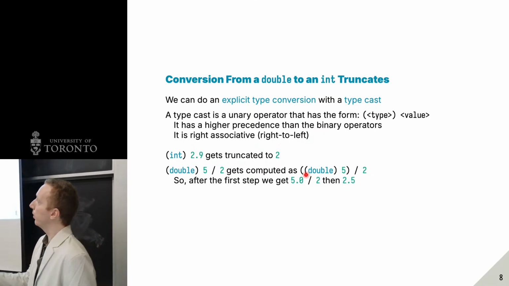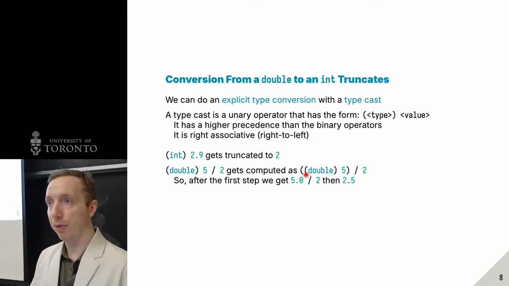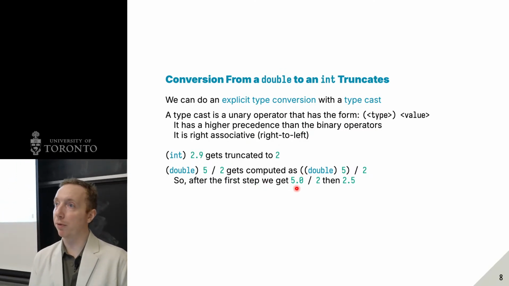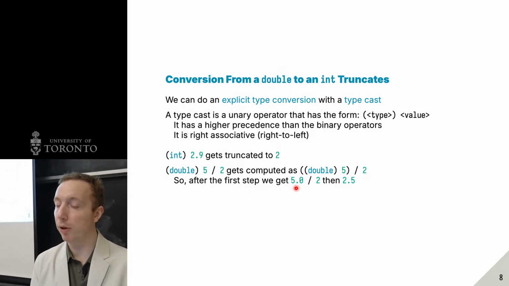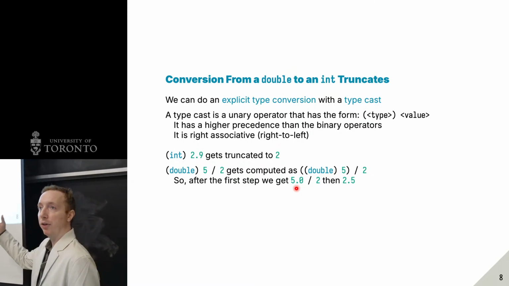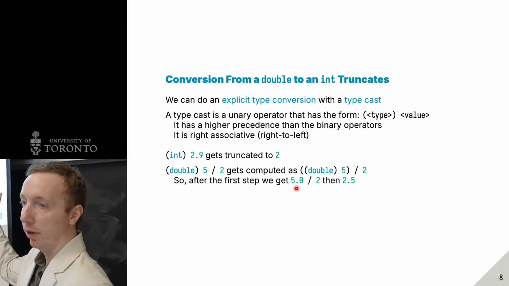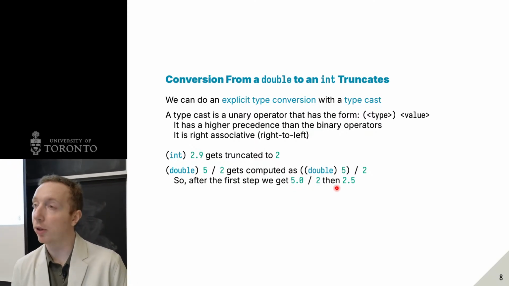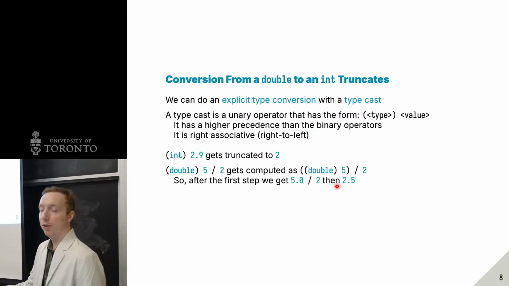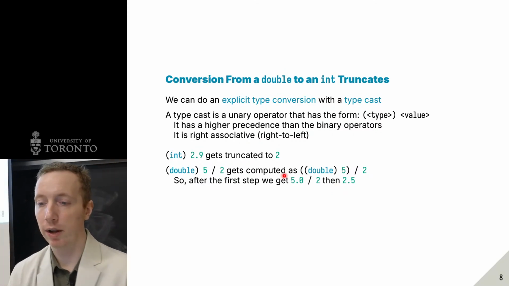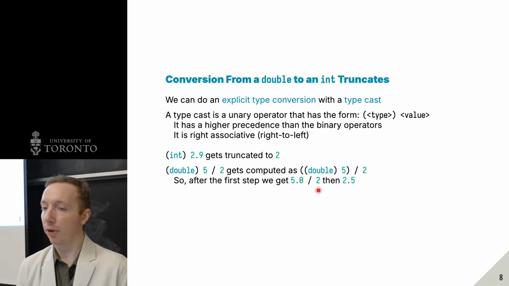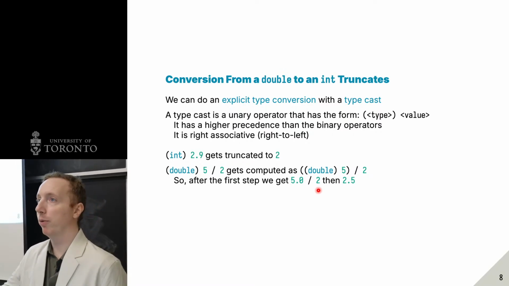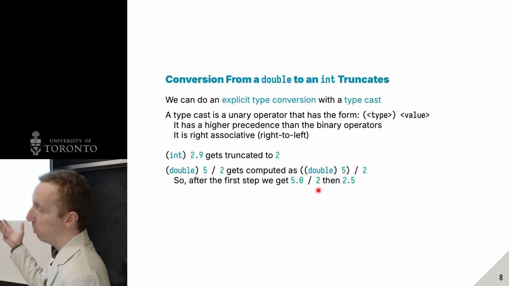So first it's going to convert the integer 5 to a double. After that first step, it would be like I actually typed 5.0 divide 2, which is a division with a double and an int. So it's going to implicitly convert this 2 to a double. So it's going to be 5.0 divided by 2.0, which gives us the result 2.5.